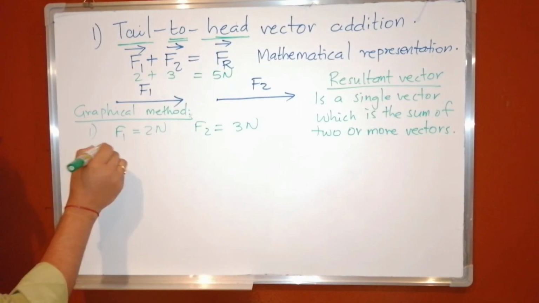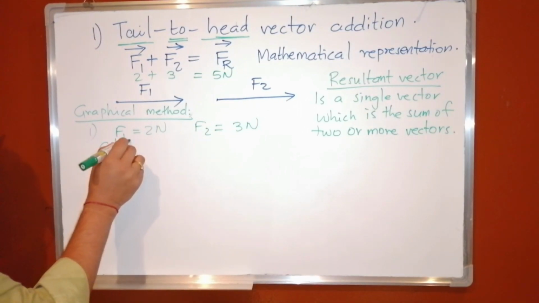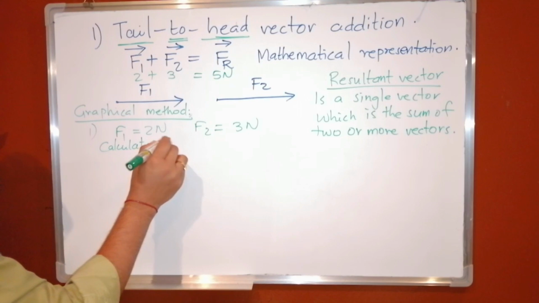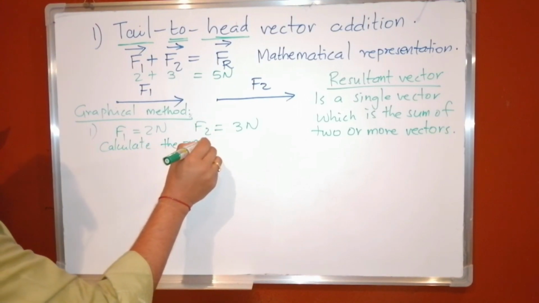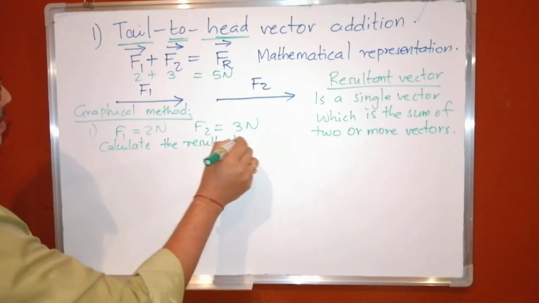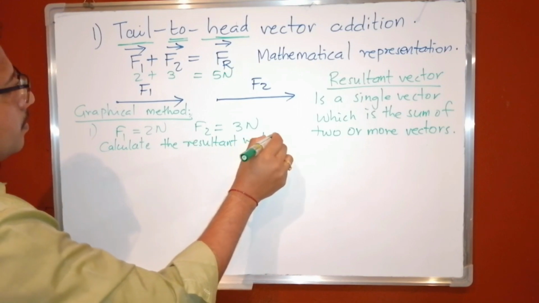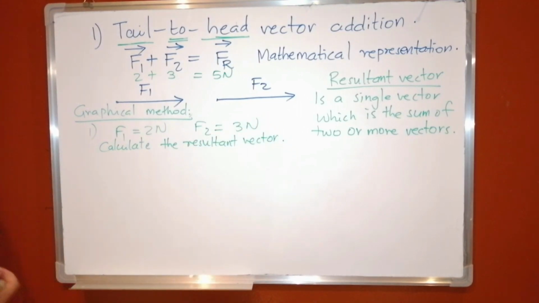The question is to calculate the resultant vector. So how are we going to do that?